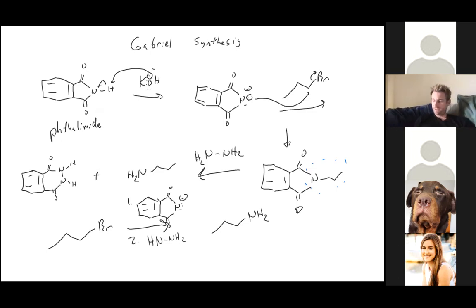Amines themselves are pretty good nucleophiles. So if we take this propylamine here and throw in some methyl iodide, these can do nucleophilic attacks. They're pretty easy to derivatize.